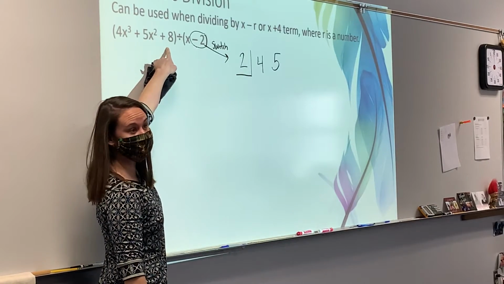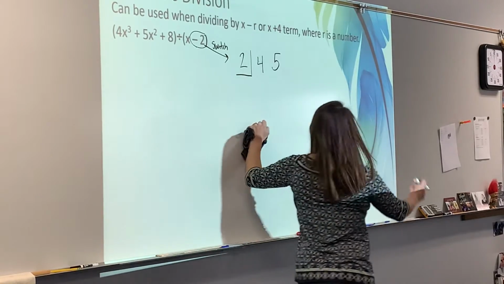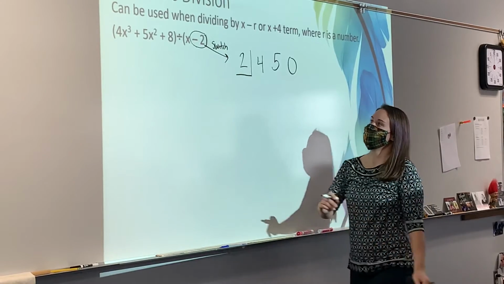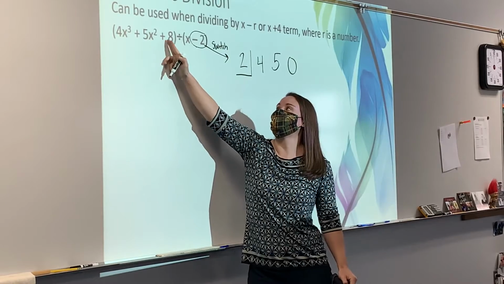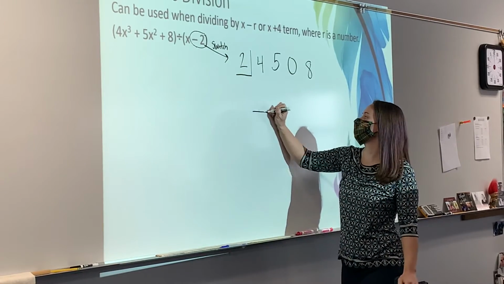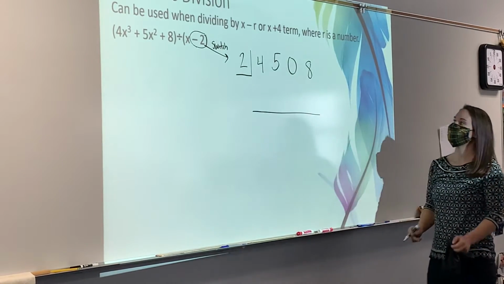Is there an x term here? No, so we're going to put a what, do you think? 0. Yep, 0. So we've got our x cubed term, our x squared, our x would be the 0, and then we're going to put an 8. And then I want you to put a space. I want there to be space to write numbers right here.